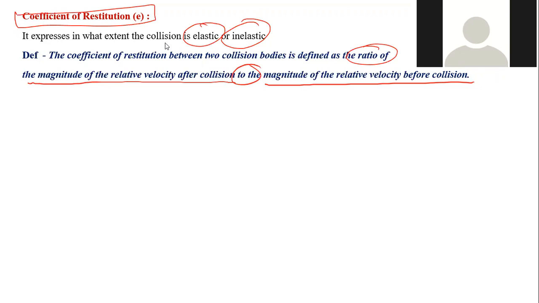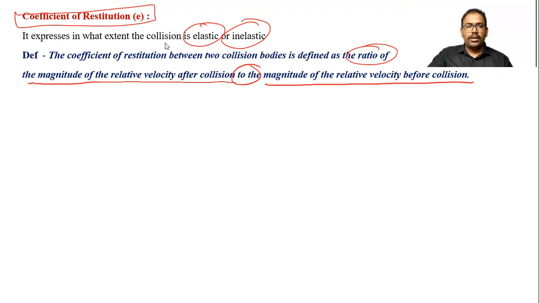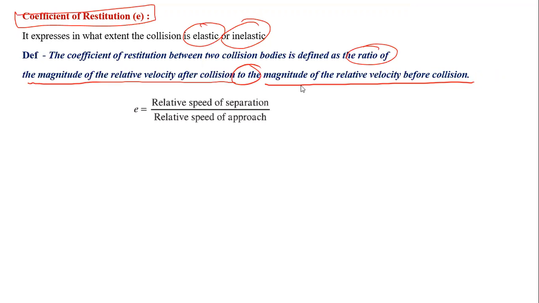We write the formula here: relative velocity of separation, after collision, to the relative velocity of approach, before collision. In other words, the ratio of relative speed of separation to the relative speed of approach is called the coefficient of restitution.